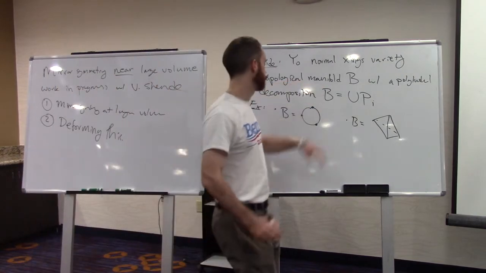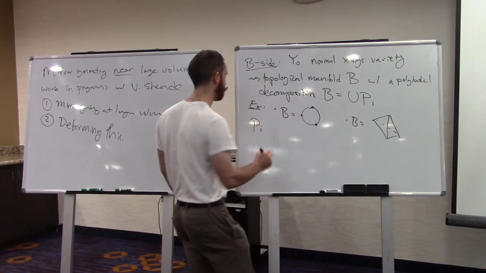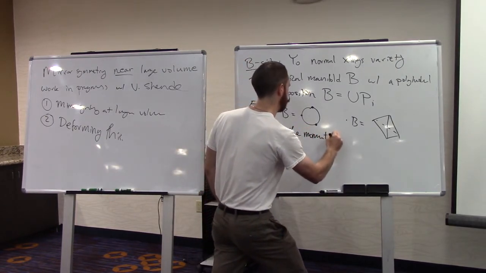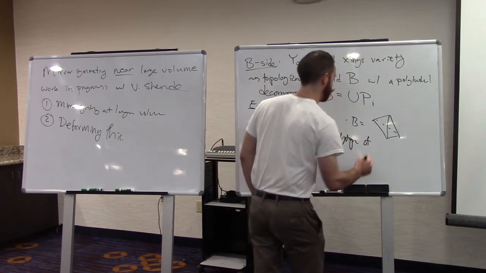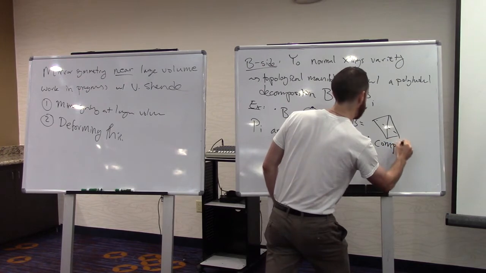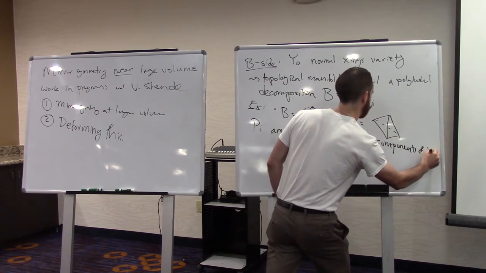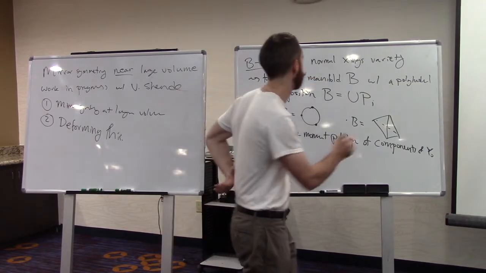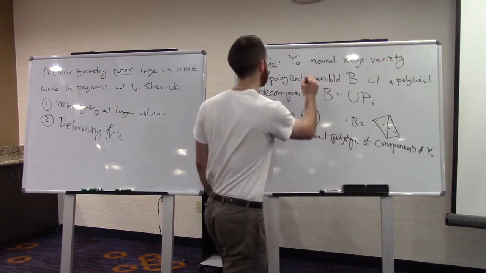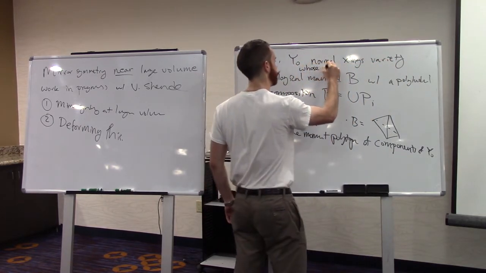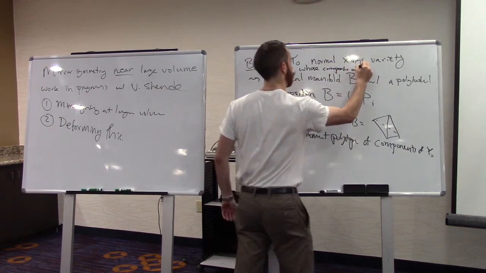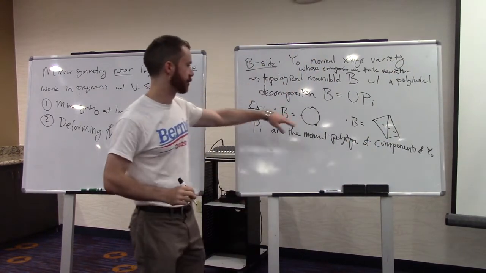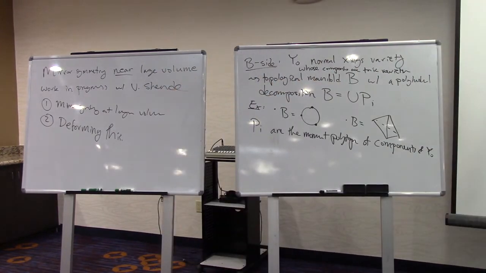What I want of this topological manifold is that the Pi are the moment polytopes of components of Y0. So I want this to be a normal crossings variety whose components are toric varieties, meeting along toric subvarieties.